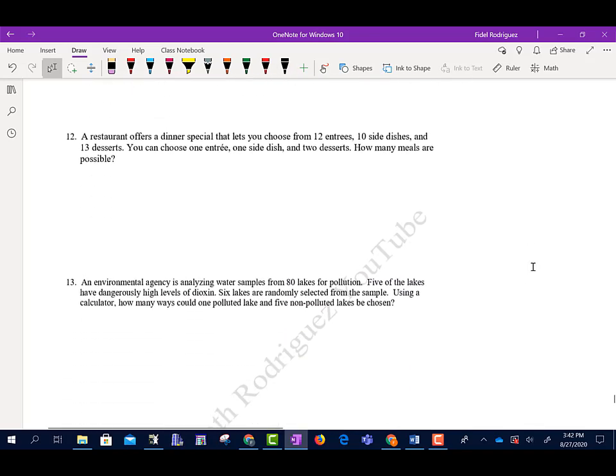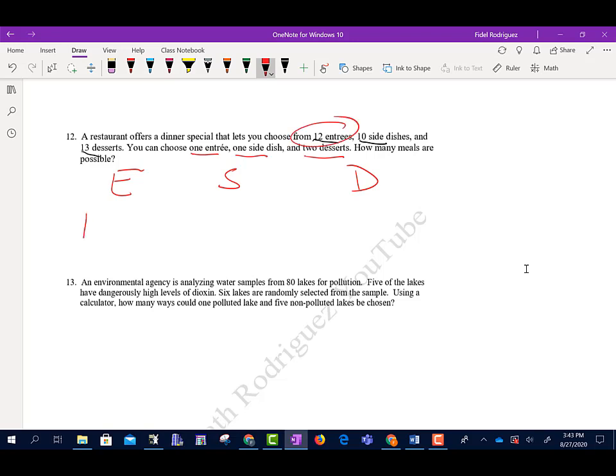So let's take a look at the next part here. It says a restaurant offers you a dinner special that allows you to choose from 12 entrees, 10 side items, and 13 desserts. We can choose 1 entree, 1 side dish, and 2 desserts. How many meals are possible? Okay, so we're going to do it like this. We're going to look at our entrees, our side dishes, and our desserts.